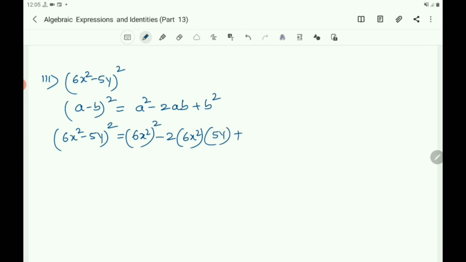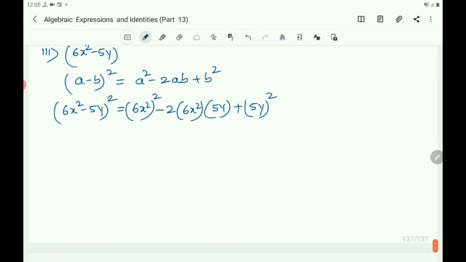Plus b square, which is 5y whole square. Then 6x square minus 5y whole square: 6x square whole square is 36x power 4, minus 2 6s are 12, 12 5s are 60, right?